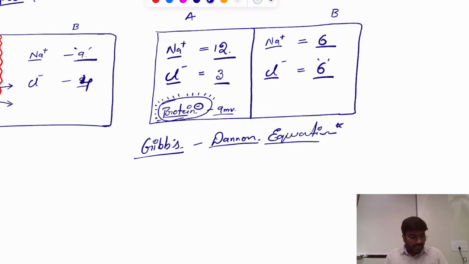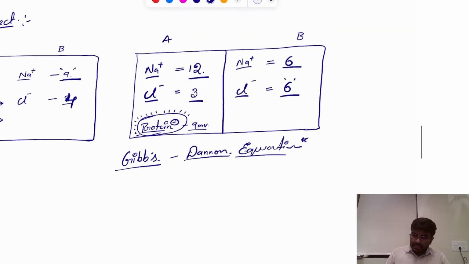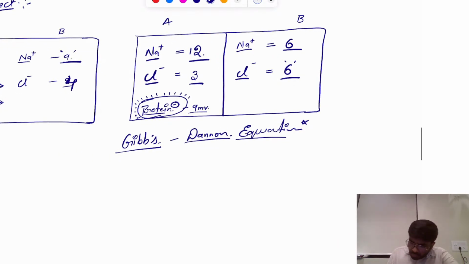It gives the information that the total number of positive ions in compartment number A should be equal to the total number of negative ions in compartment number A.